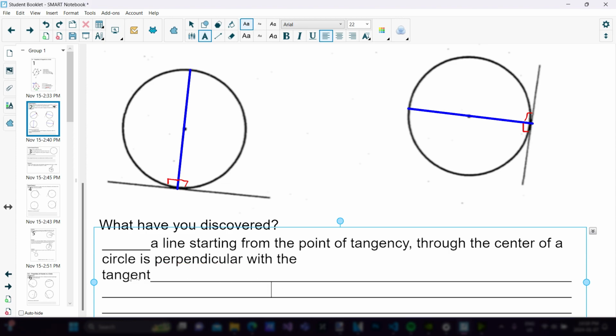Perpendicular. I never like words in math. I always just like pictures, and understanding the pictures is more important to me. So that's the pattern there. You've got these two lines are perpendicular if you've drawn them properly.